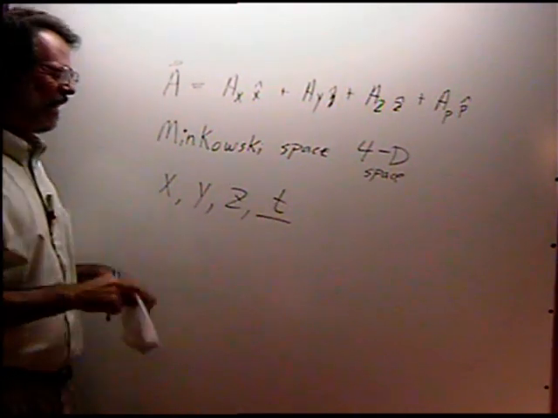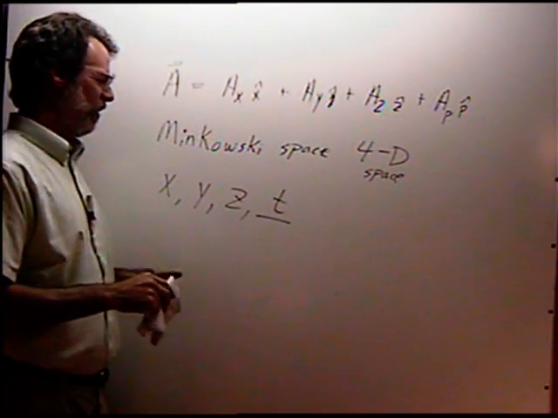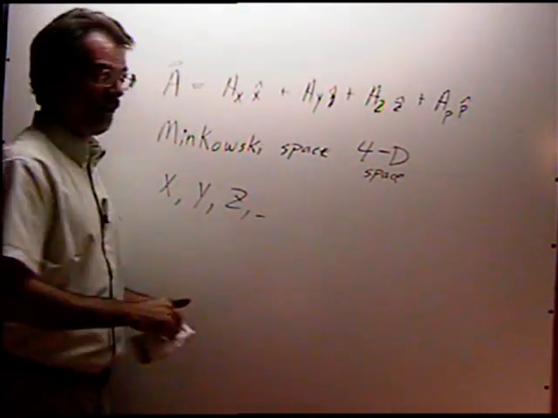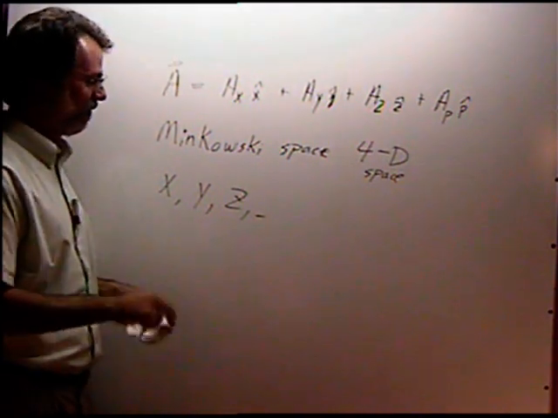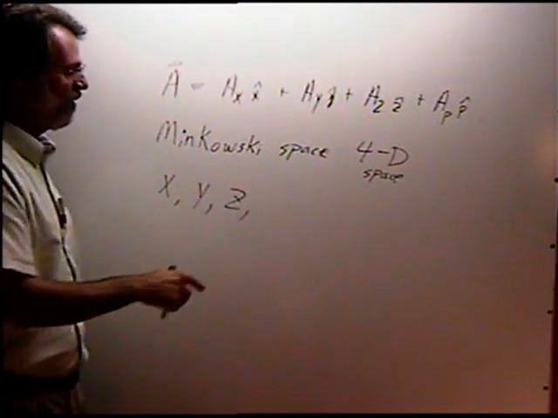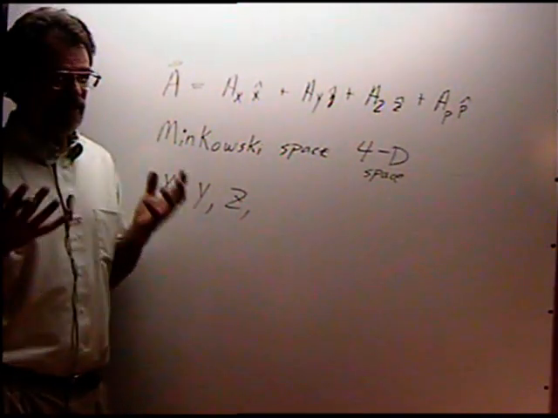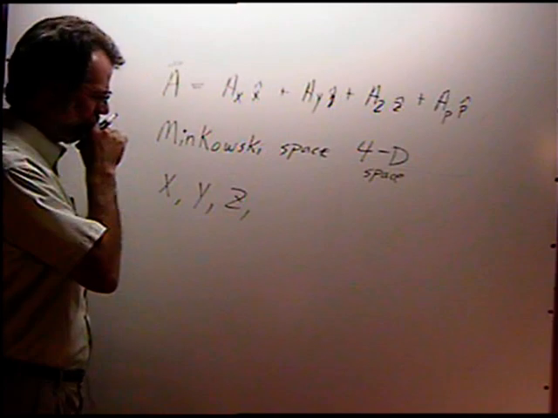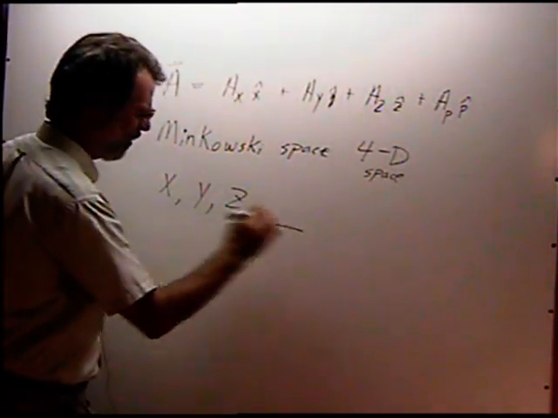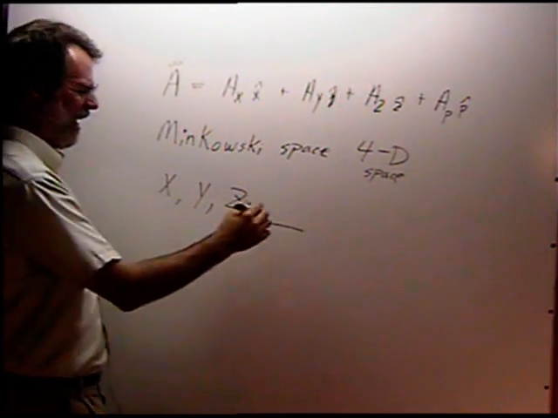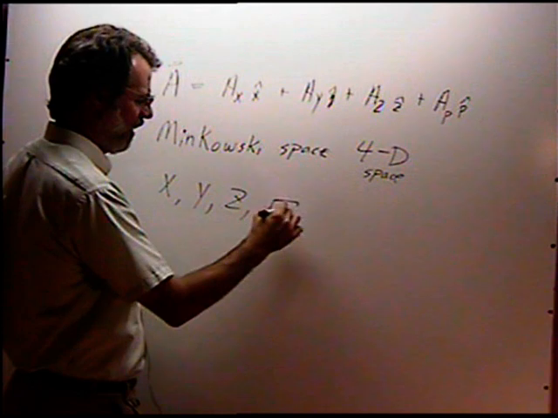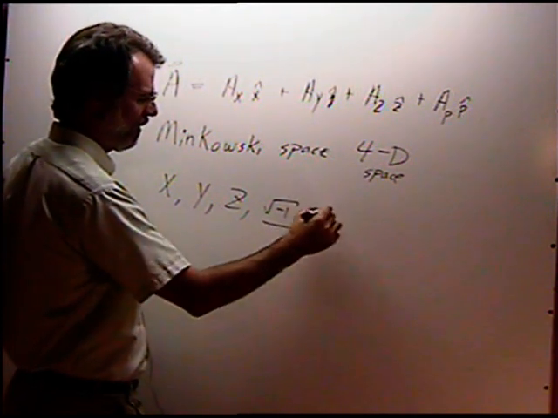But it's not exact. In order for Minkowski to work out the mathematics just right, working off the physics that Einstein had started, he had to do something a little bit unusual. He had to say that the fourth dimension, mathematically, had to be the square root of -1 times the speed of light times t.